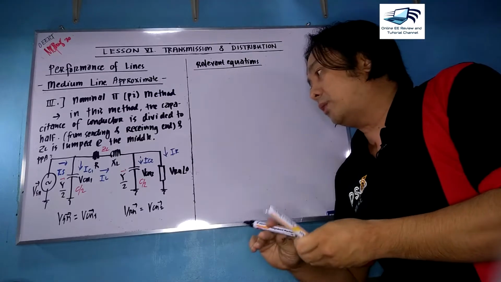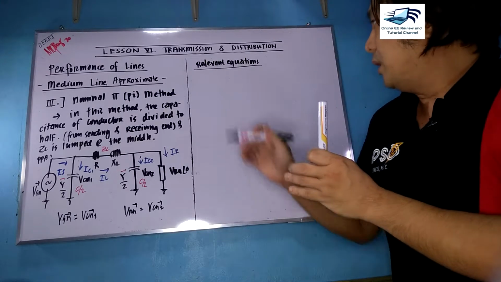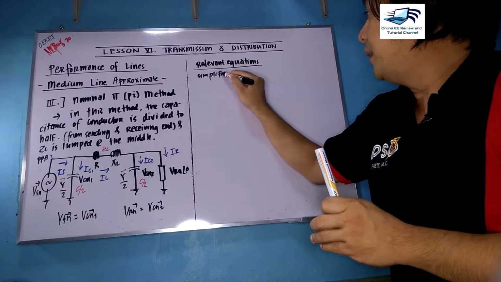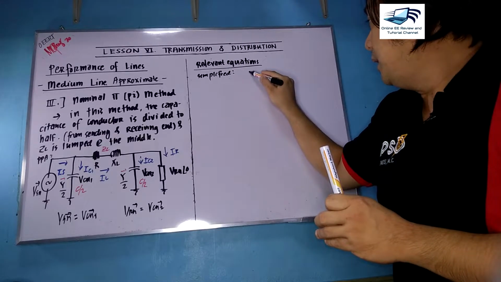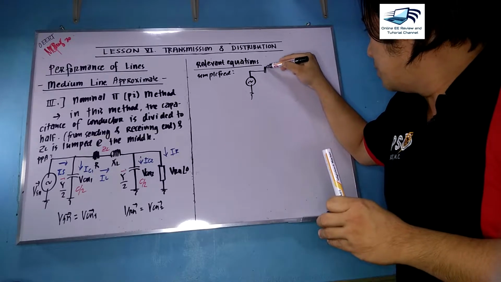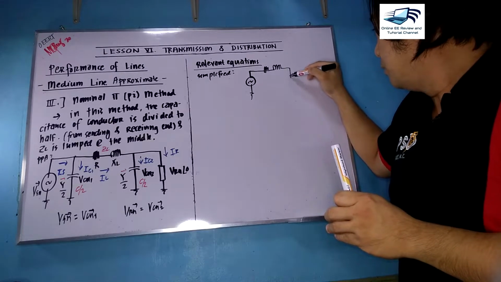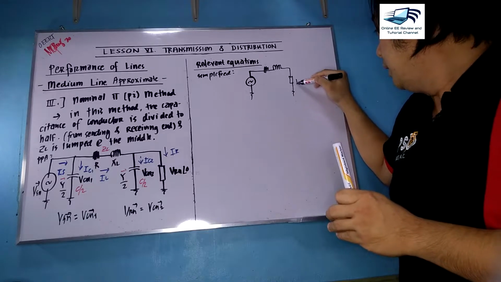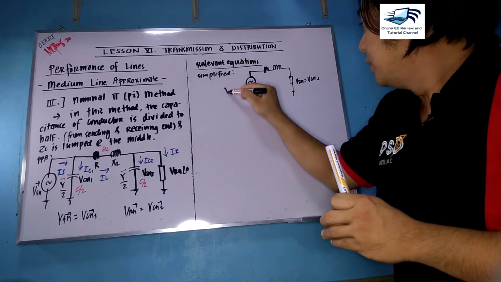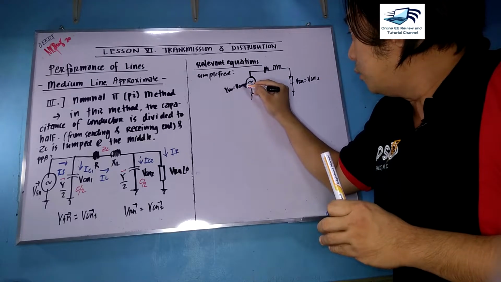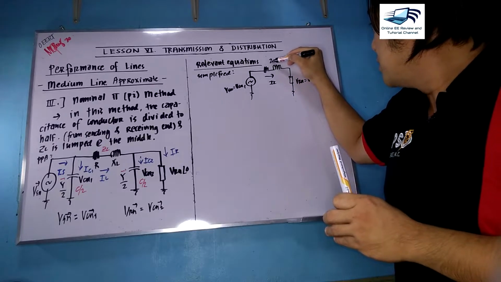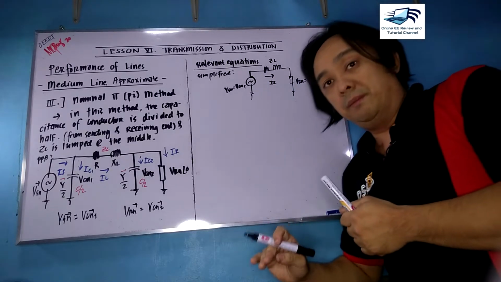So in this case, you can have a more simplified SLD, a short line approximate, wherein VRN is equal to VCN2, VSN is equal to VCN1, and you have your IL and your ZL here. It's like a short line approximate.